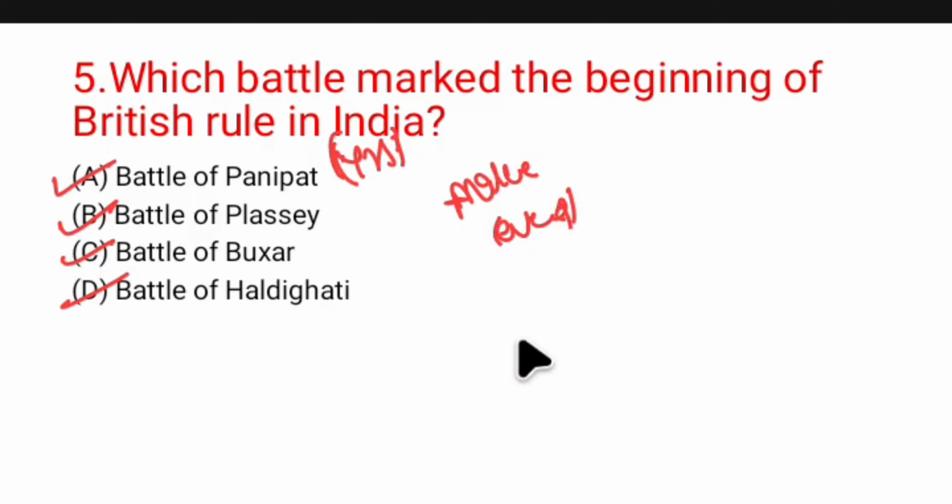So firstly, Battle of Haldighati, and then followed by Battle of Plassey, and then third Battle of Panipat, and then Battle of Buxar, which happened in the year 1764. So question is asking beginning of British rule in India, which is Battle of Plassey. Therefore, option B, correct option for question number 5.